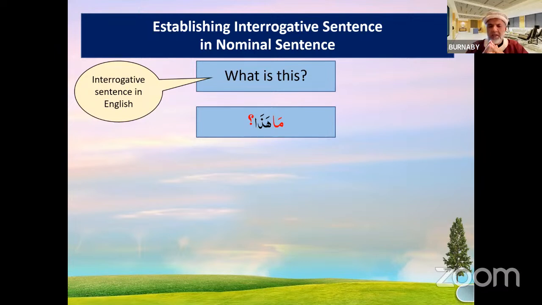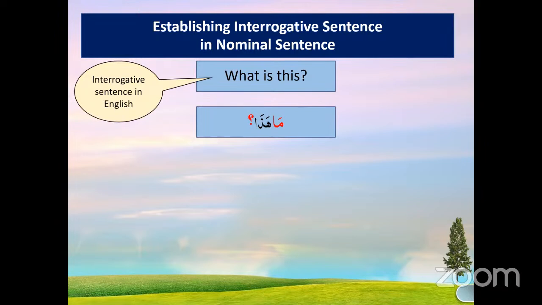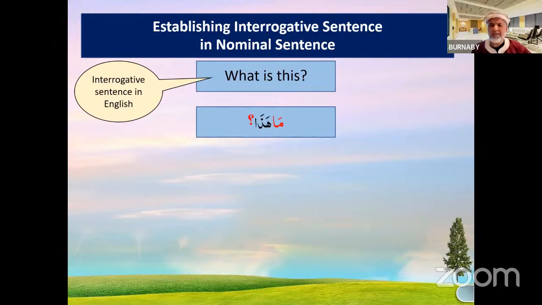The other group says no, haza is the mubtada, but ma is the khabar, and they have brought the khabar in the beginning, which is allowed in a nominal sentence. You can change the position of the khabar and the mubtada. That makes more sense. But we are not going to get into that technical detail. What we are going to say is that this is a nominal sentence and haza is the mubtada. However, the ma is in the beginning because, as in the English language, the question word comes in the beginning, and the same rule applies to Arabic.